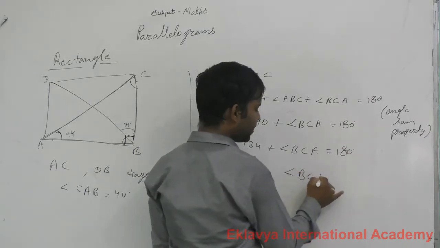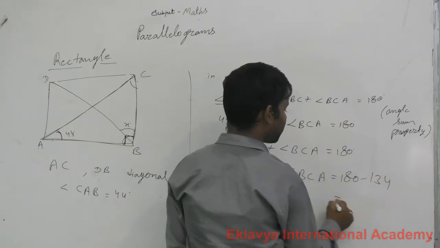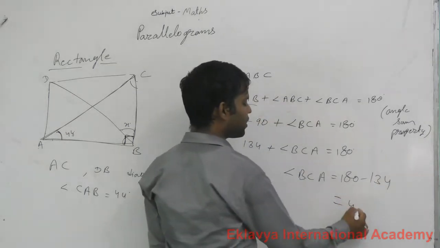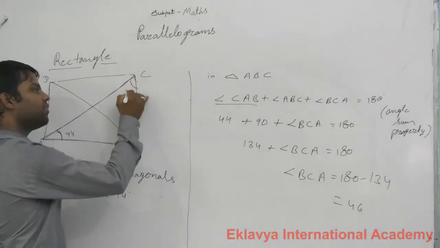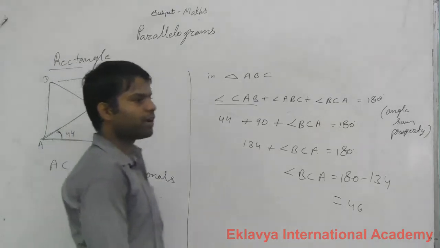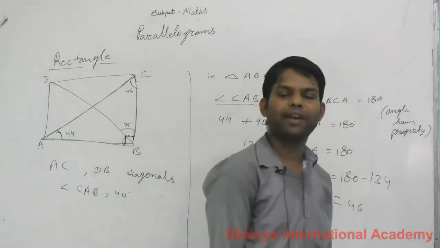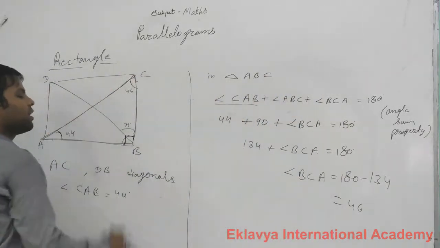Angle BCA is equal to 180 minus 134. How much do we get? We get 46. So this one angle is 46. But one property we have is that diagonals bisect each other, and in the rectangle diagonals are equal.